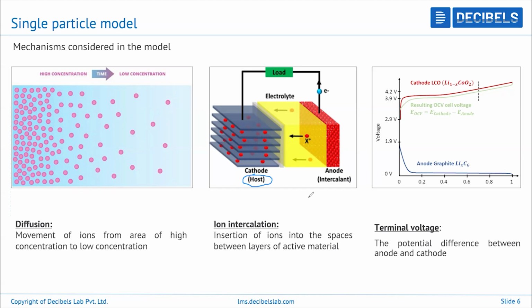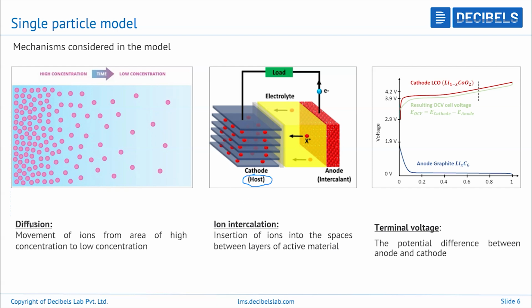So diffusion is the movement. Intercalation is the process in which the ions get absorbed into the layers of the active material. Intercalation happens on both sides, at the cathode and the anode, depending upon whether you are charging or discharging. And this is one of the mechanisms that is considered in the single particle model.